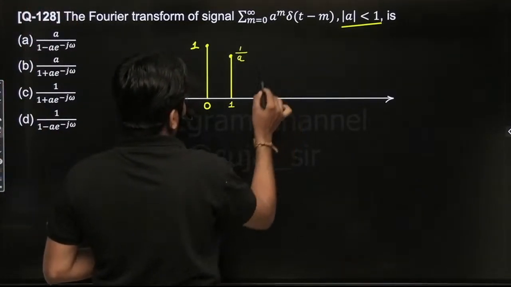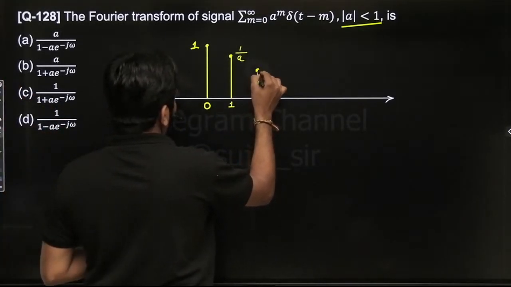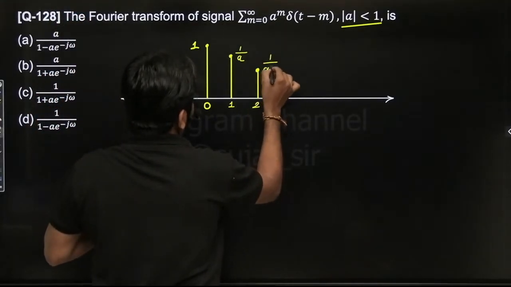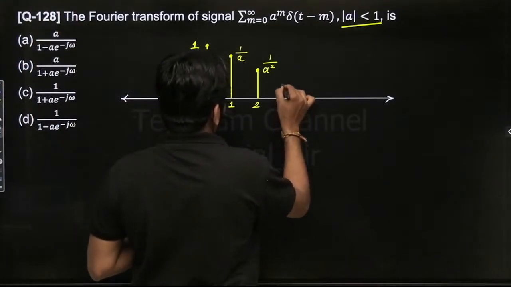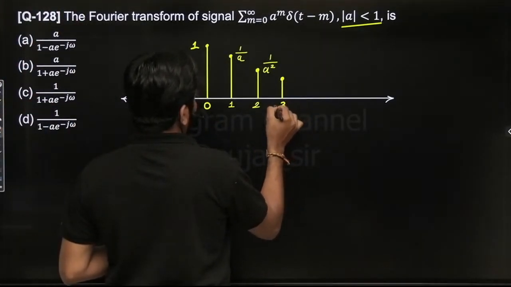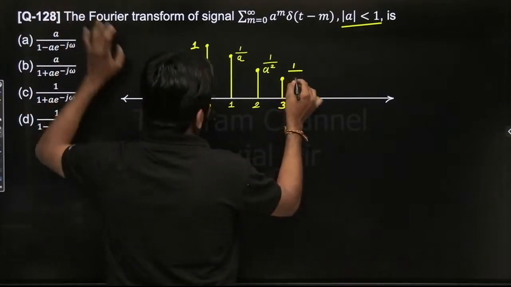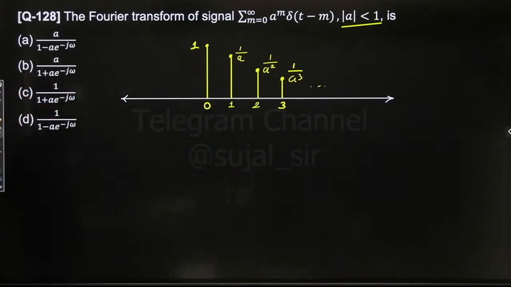That is nothing but an impulse of a square. Again here, 3, guys, that is a cube, and so on. Yes or no? So this is nothing but a discrete function.